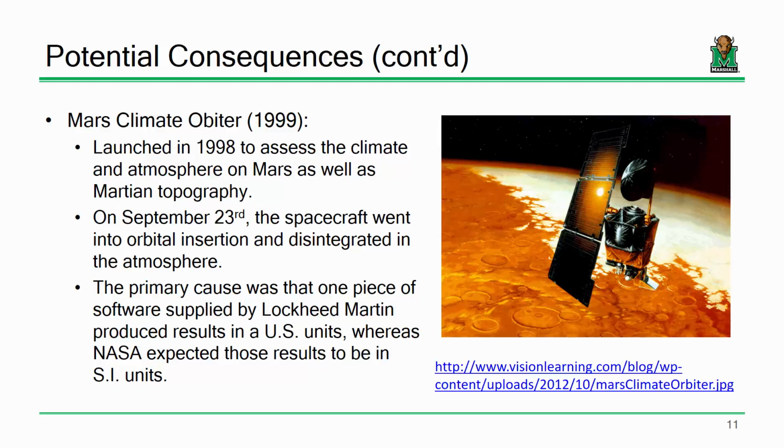But there was a mix-up where one piece of the software was working in SI units. One was in traditional units, one was in SI, and so the forces were off by a factor of 4, and so it crashed into Mars.